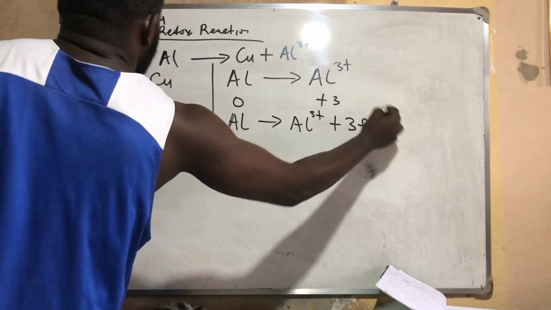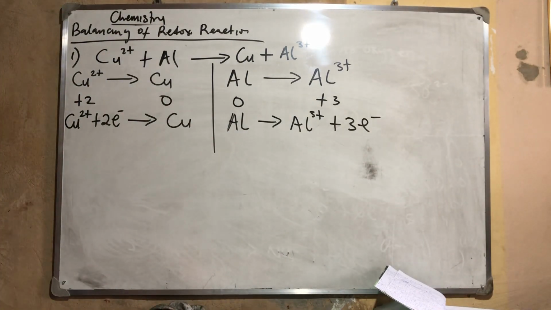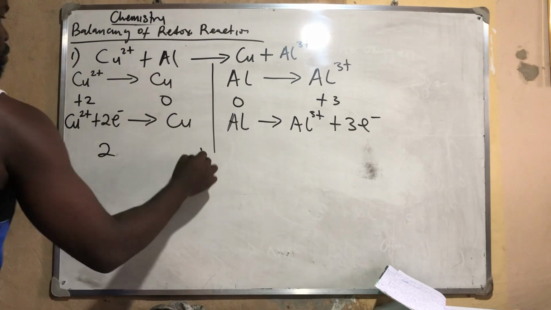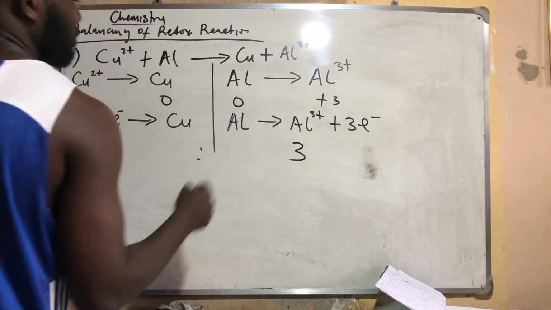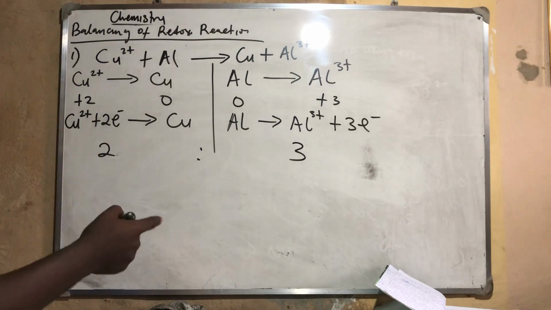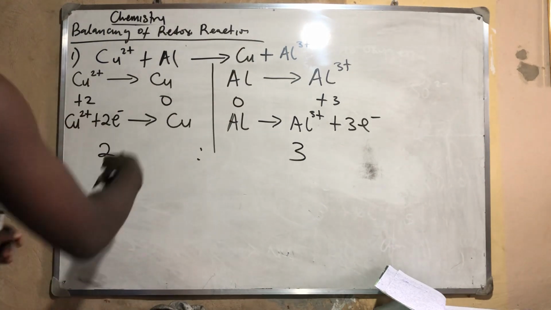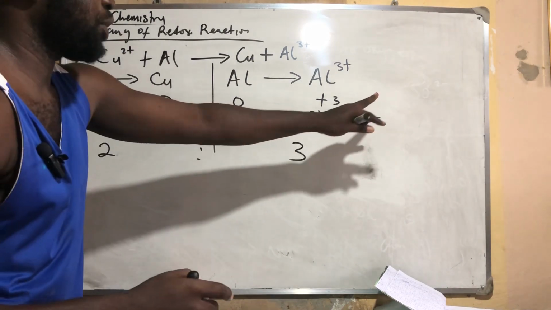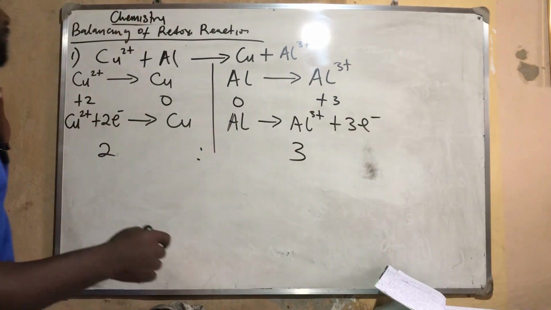Having this now, the next thing we do is to check the ratio of the electron. This one is 3 electrons, this one is 2 electrons. Very simple. So the next thing you now do is to cross multiply. Use the number of electrons here to multiply everybody here, and use the number of electrons here to multiply everybody here.